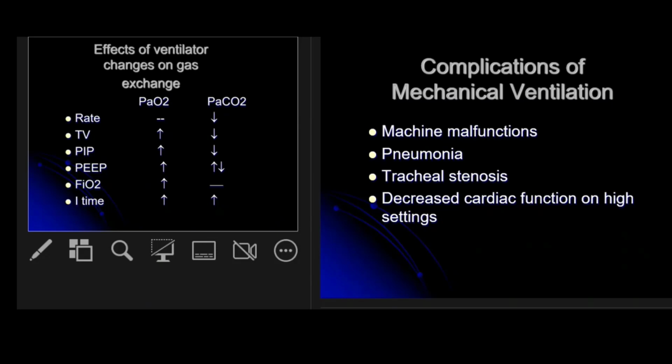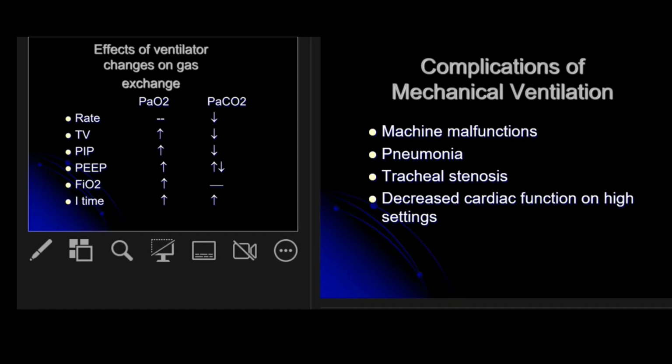I did math wrong. 41 divided by 4 is going to be 10.25. Sorry about that. So all we've done is change our PEEP from 5 to 7. And we've increased our mean airway pressure from 8.75 to 10.25, or by about 2.